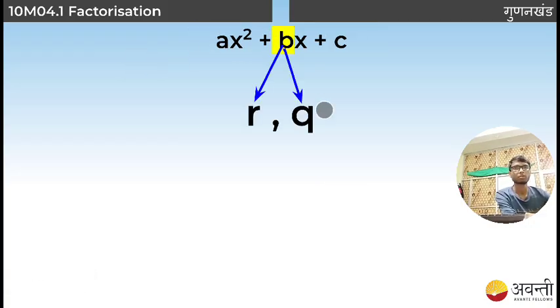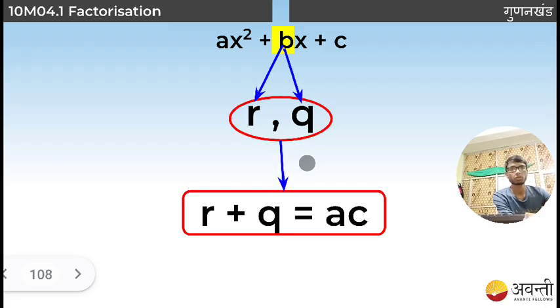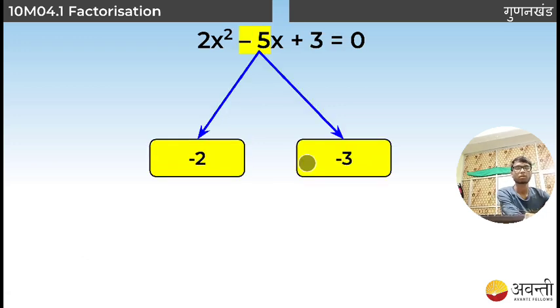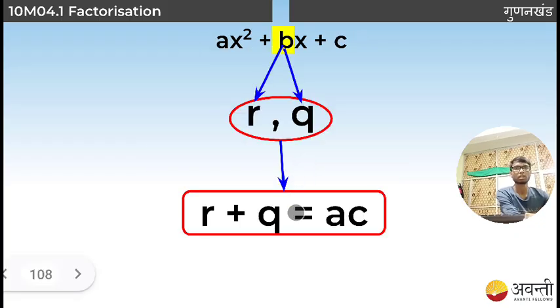Here b is what? B is r or q. R comma q. I think it should be remainder or quotient. R plus q gives you b, with a times c. Minus 5. Yeah, now I understood.